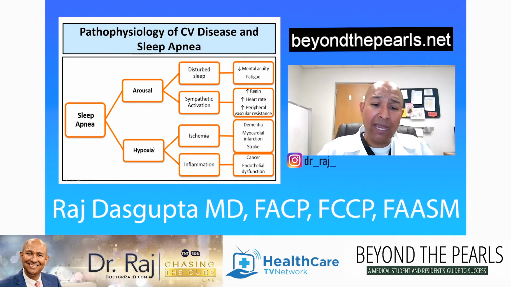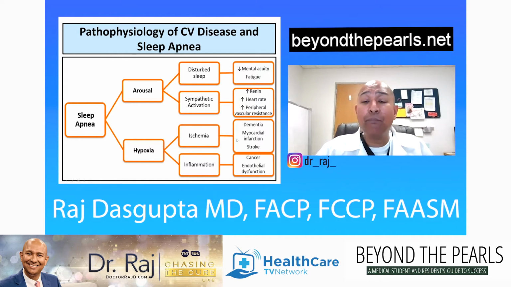And then of course, we can't forget being hypoxic. When we talk about oxygen, we always talk about the three players involved: the lungs who bring the oxygen in, the heart that delivers the oxygen, and of course, the red blood cells that carry it. And if you have problems getting the oxygen in, this can lead to decreased oxygen delivery, some ischemia, can lead to inflammation.